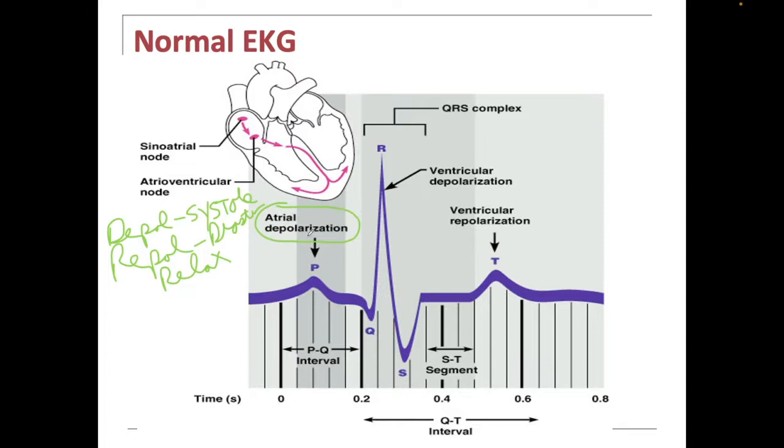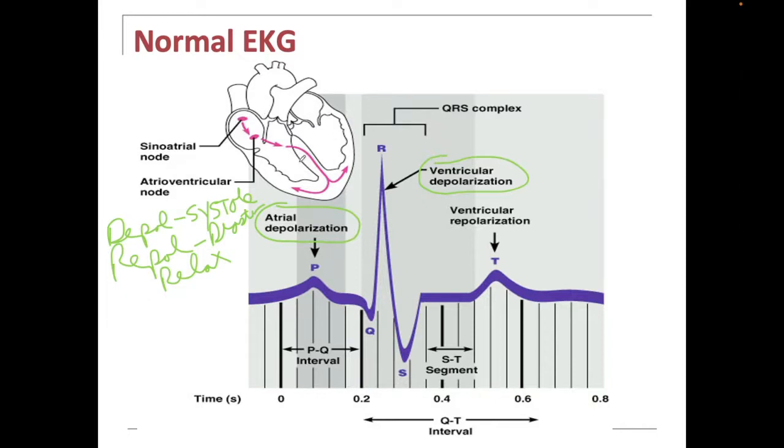So during atrial depolarization, when the atrium up here is contracting, right, when that SA node fires and it contracts, you get this little bump. You get a P wave. That's called a P wave. When that electrical conduction is relayed all the way down to the ventricles, and the ventricles contract, that's called ventricular depolarization.